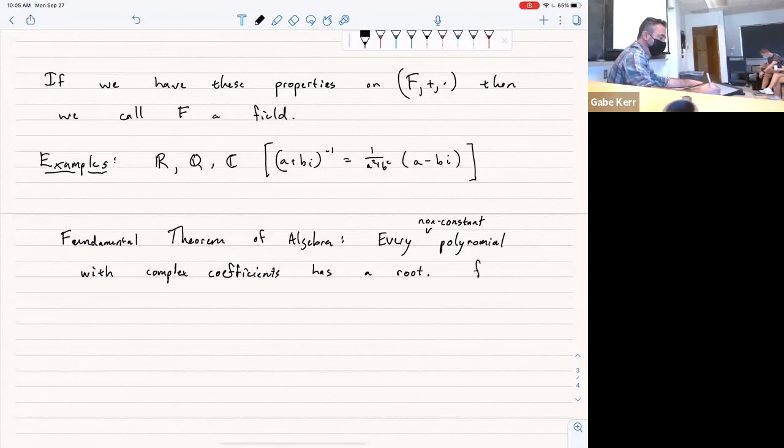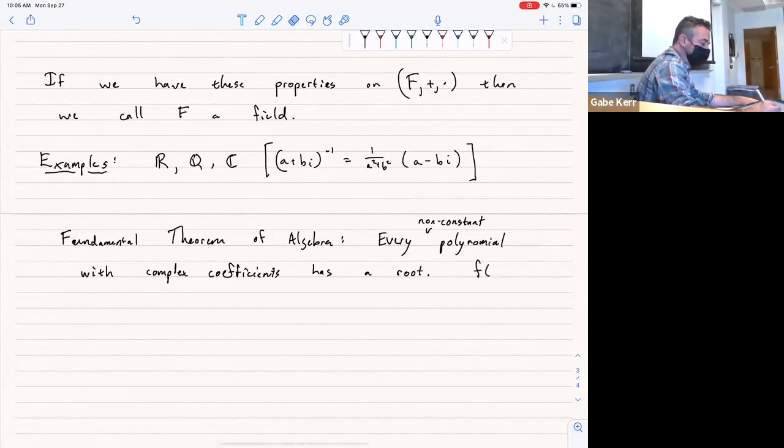So in other words, you can always solve this equation.